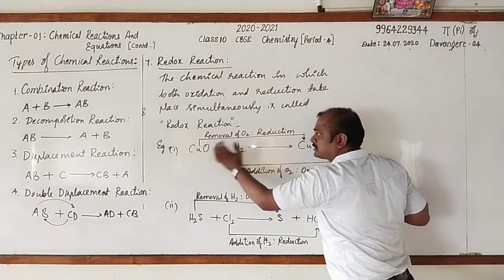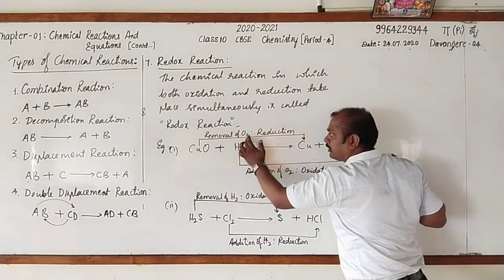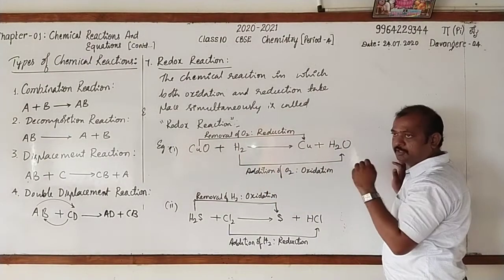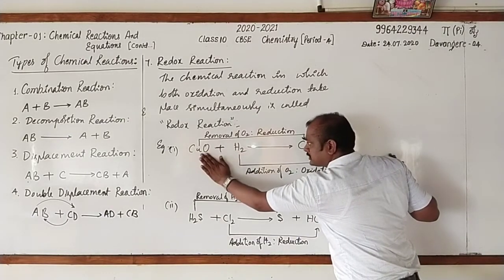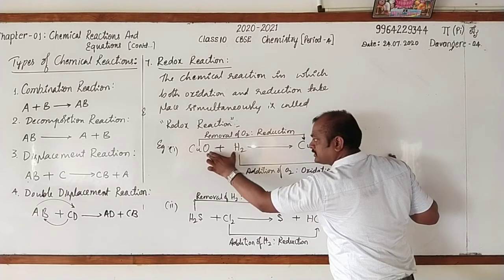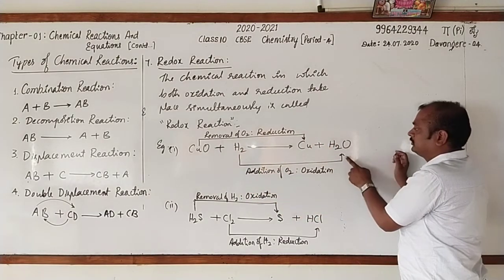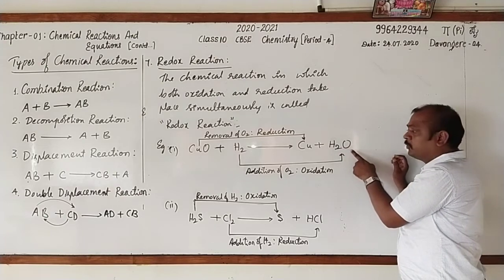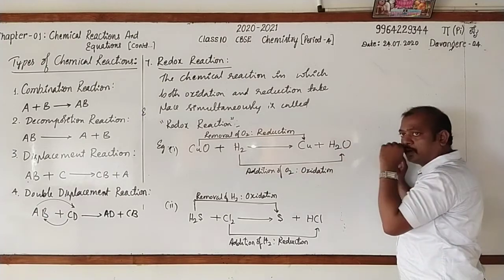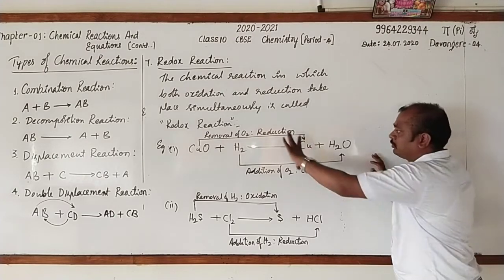By removing oxygen, copper oxide gets reduced to copper. So this removal of oxygen is called reduction. Then the removed oxygen is added to hydrogen. When oxygen is added to hydrogen, then hydrogen gets oxidized and becomes water. So this is addition of oxygen and is called oxidation. Clear? So both are there.